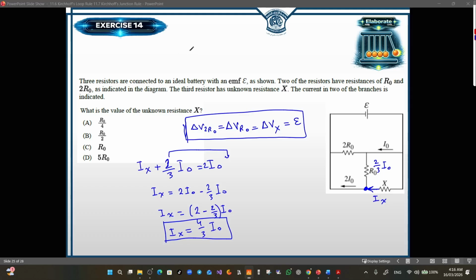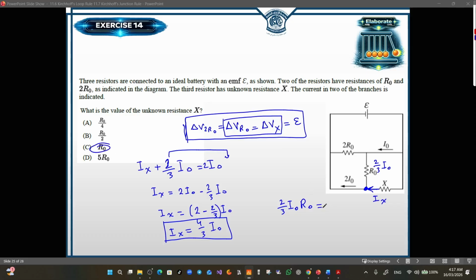Now, remember that the delta VR0 is equal to the delta VX. So the delta VR0 is 2 over 3 I0 multiplied by R0, which is the potential difference across R0. I know it's written as the E, but I need to write it in terms of I0 in order to find the correct expression of the resistance in terms of R0.